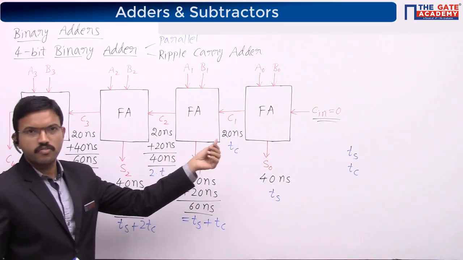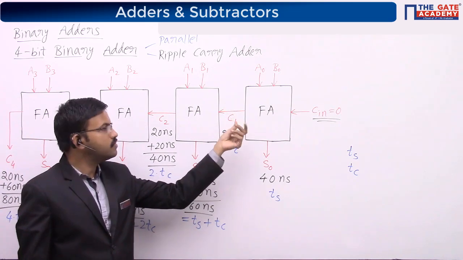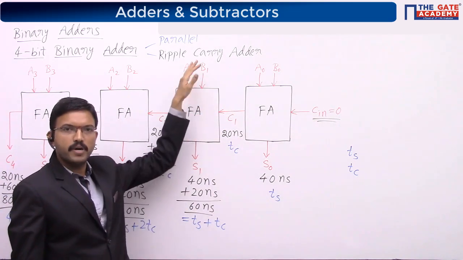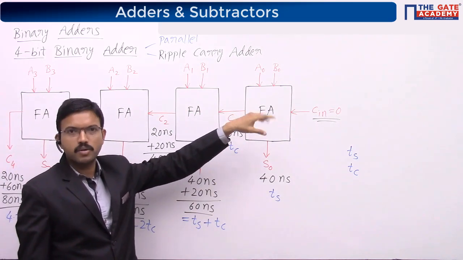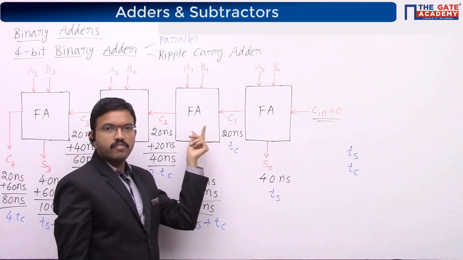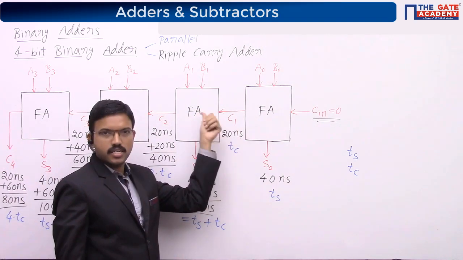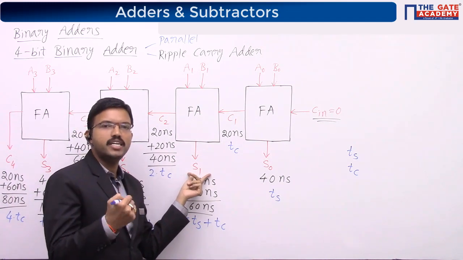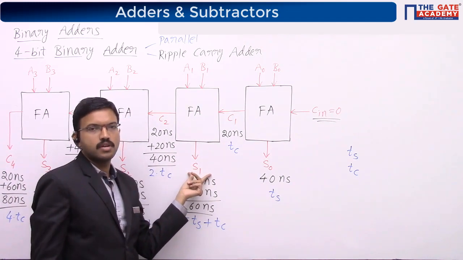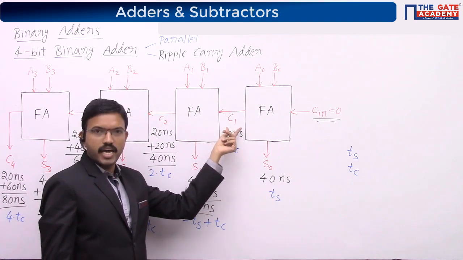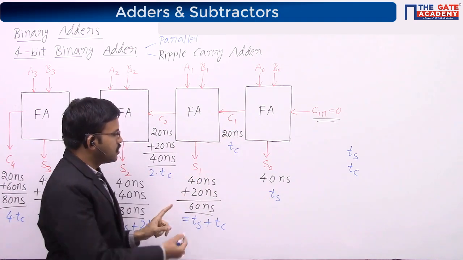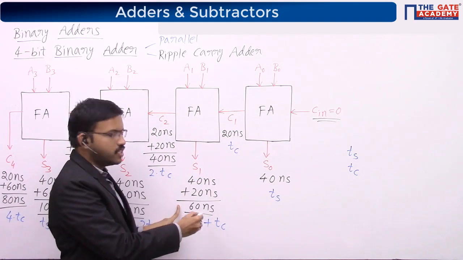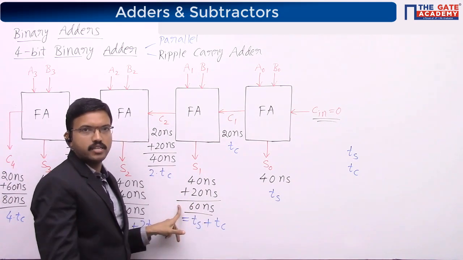Even in the worst case, each full adder may perform the operation in parallel, but unless this particular carry is considered, whatever output I am getting here may or may not be valid. But if I wait till this carry comes, then after 16 nanoseconds, whatever output is there, that is valid. I will consider it like that.